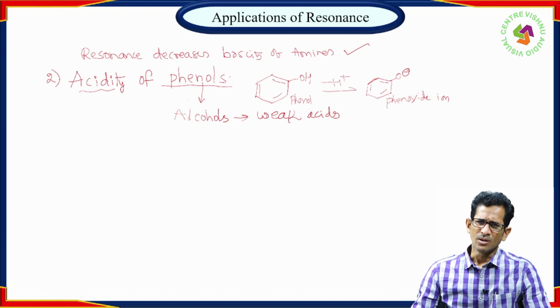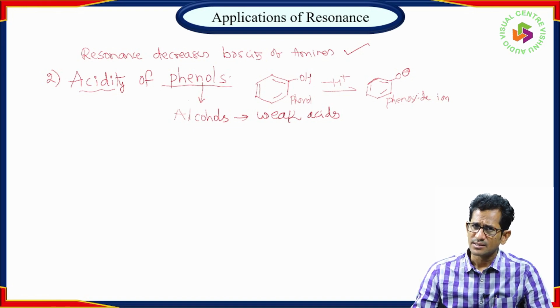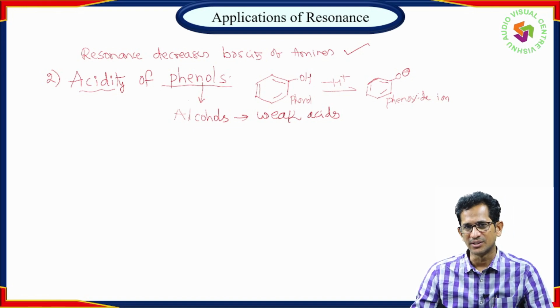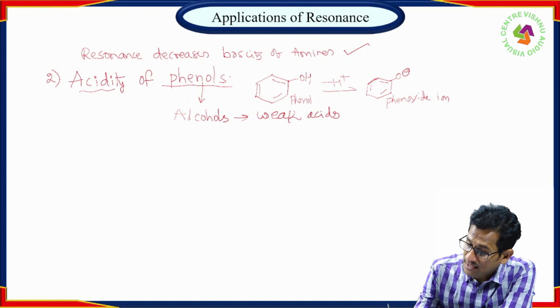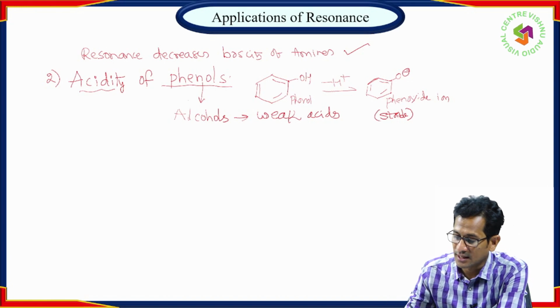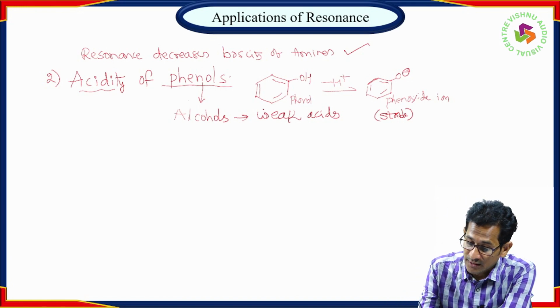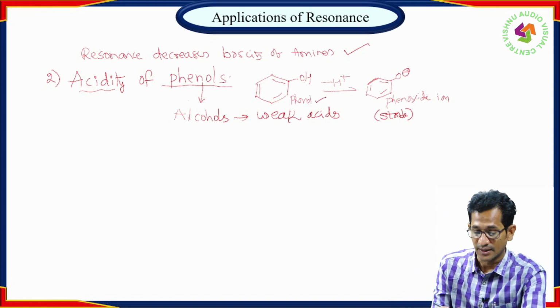Losing H plus means acidity. Phenol loses H plus ions to give the phenoxide ion. Here this phenoxide ion is stable. The phenoxide ion is more stable than phenol, right?